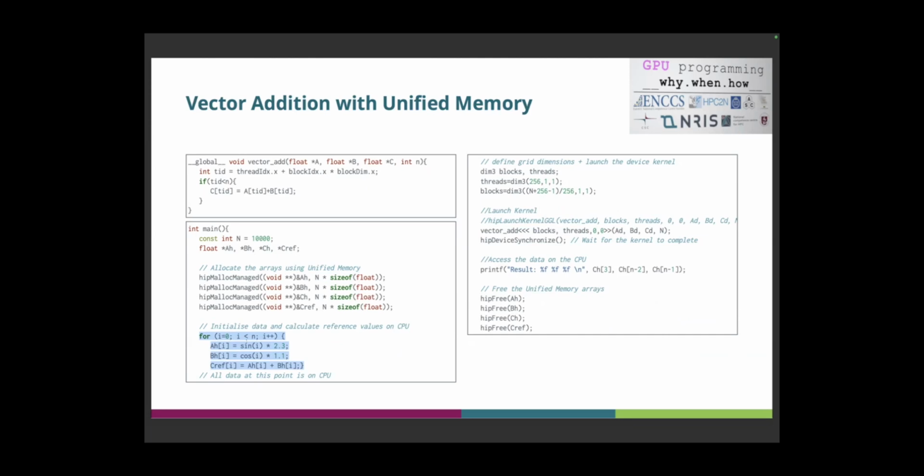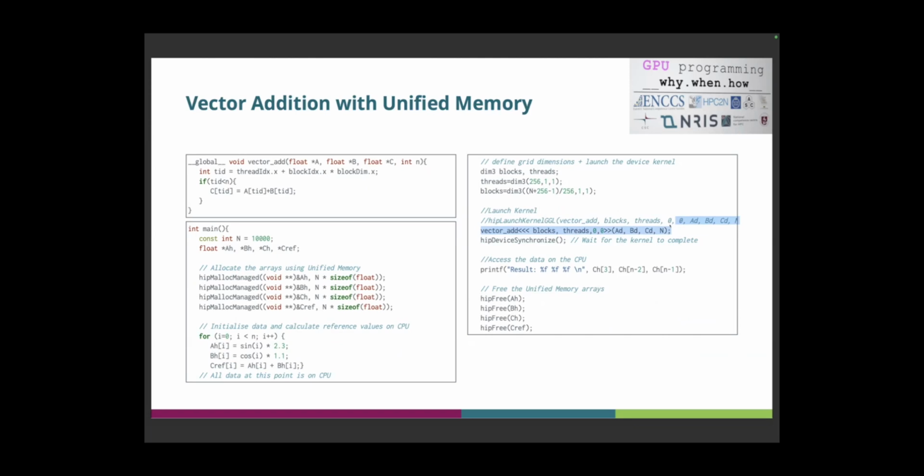Now the data has been initialized, and when this is finished, we go here. We want to do some processing of this data, and we do this launching of our kernel. Now, when this happens, the data transfer is triggered automatically. We don't have to do anything about it.